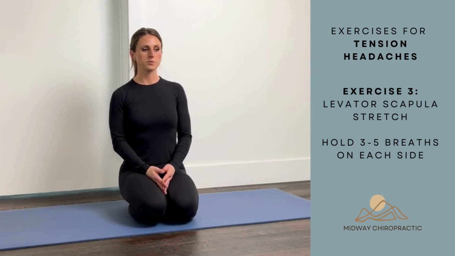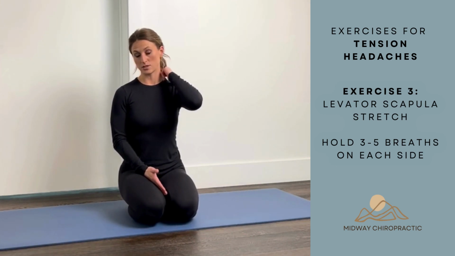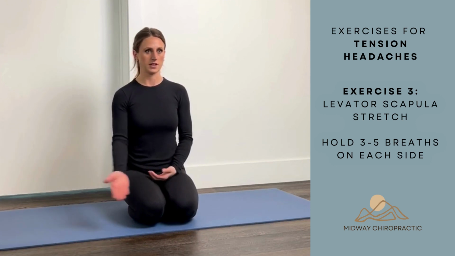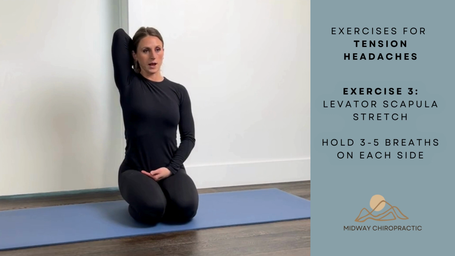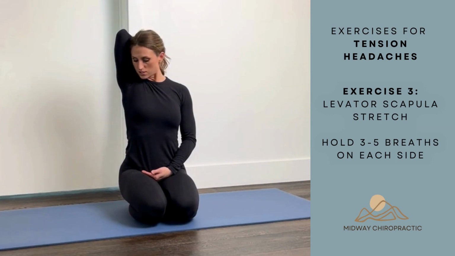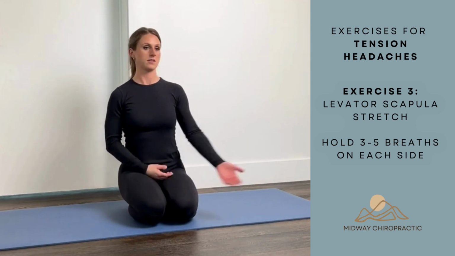Next is going to be a stretch of this muscle right along your spine called your levator scapula. So we're gonna reach up and over, place that hand right between your shoulder blades, and then you're just gonna look down. Good, and then we'll do the same thing on the other side.